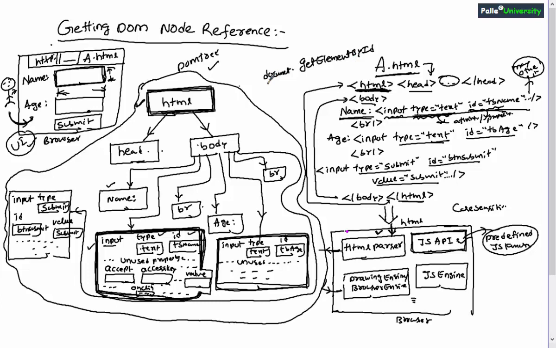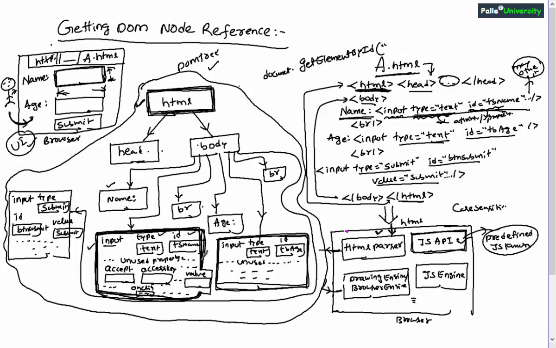You remember, document is a keyword and property which is pointing to the DOM tree. The document keyword will always be pointing to the DOM tree. So you must call the getElementById function by using the document keyword, or the document property. Now after writing document.getElementById, this function will take the id of the control as an input parameter.